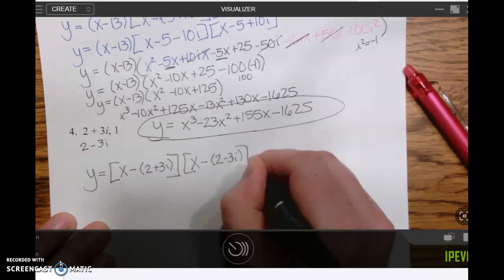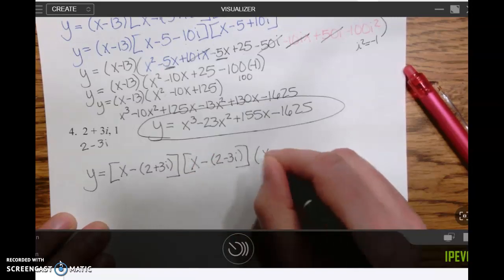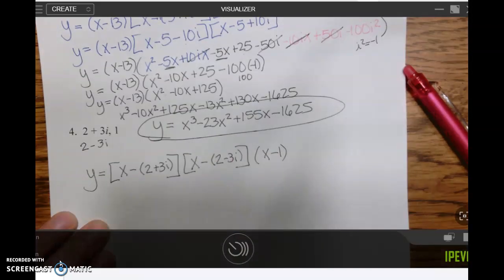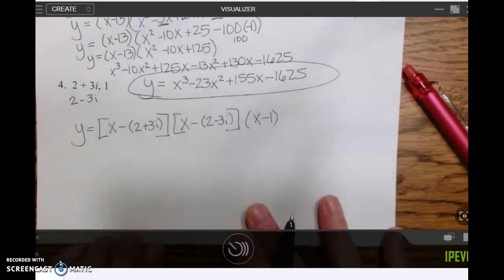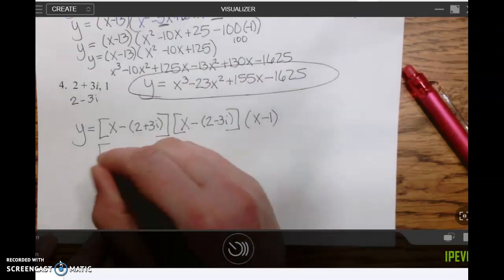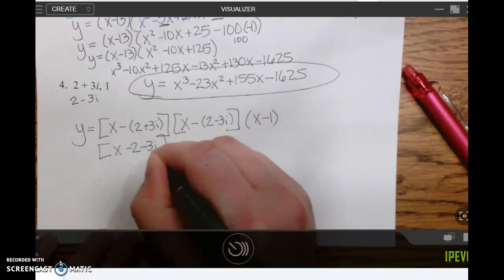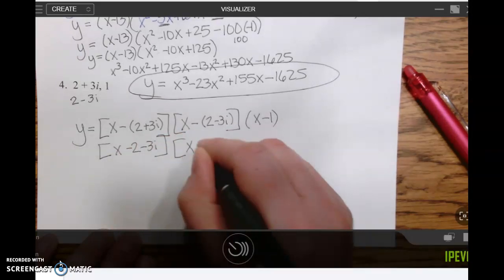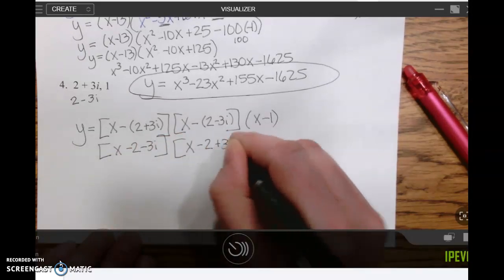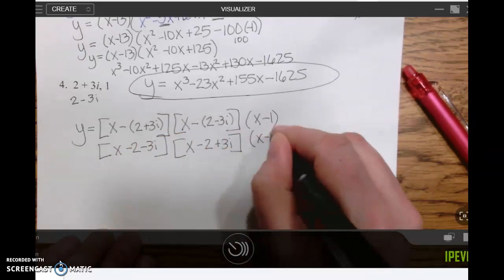Close your big bracket, and the x minus 1 for just x is 1. So there's our setup. We distribute the negative through. So we have x minus 2 minus 3i. And we have x minus 2 plus 3i. And we can bring down x minus 1.